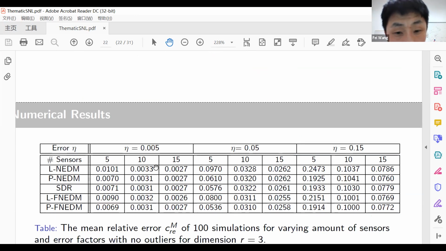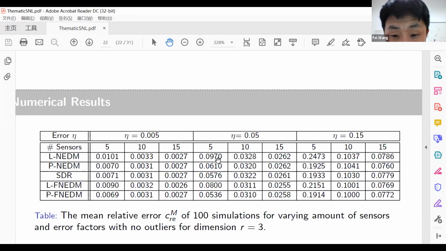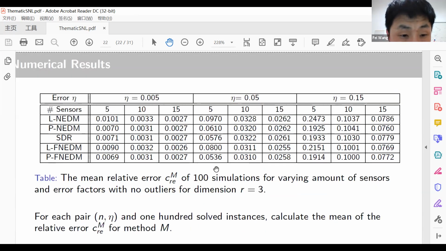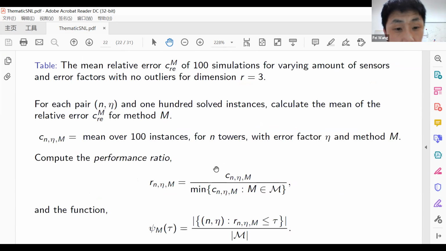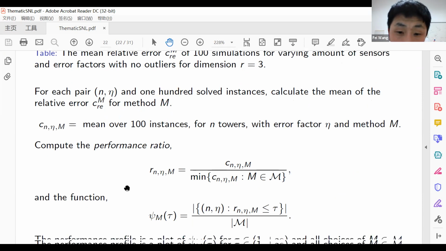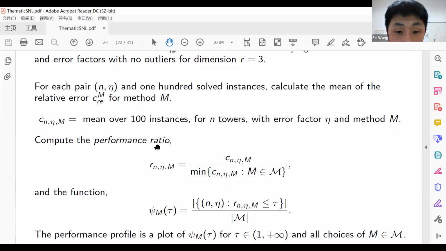So for different eta, to compare the approaches, we compute the performance. We use the performance profile actually.